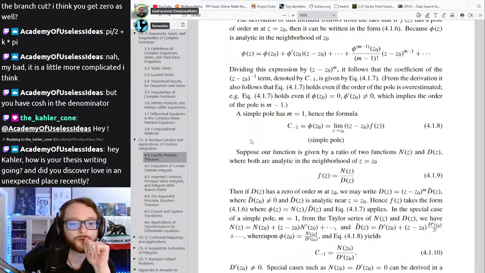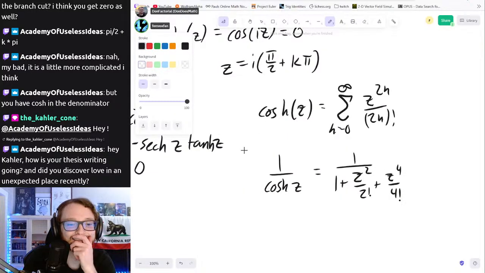Why are these simple though? Why are they simple poles? Okay, you got me there. I was just assuming they were all simple poles. Are they simple poles or aren't they?